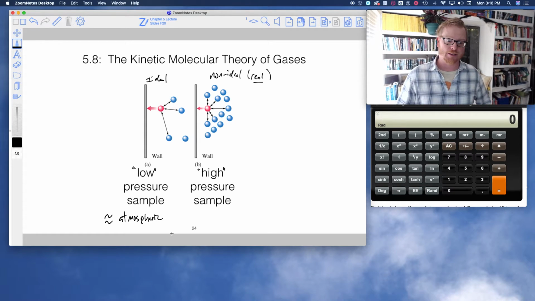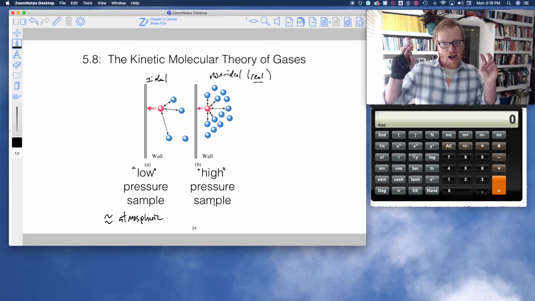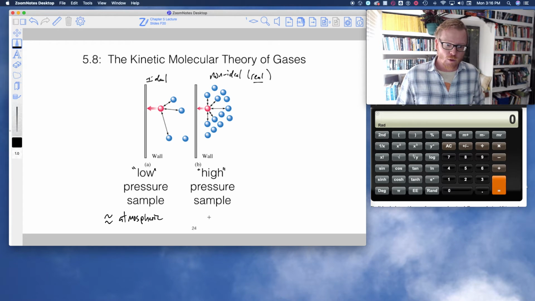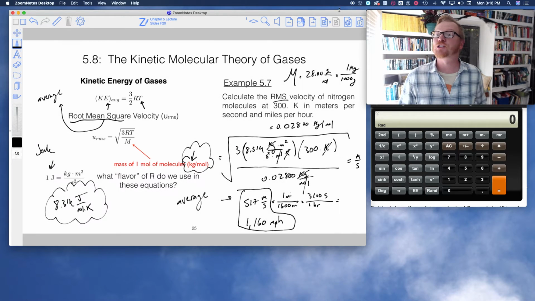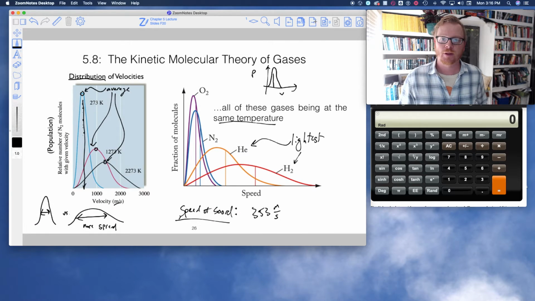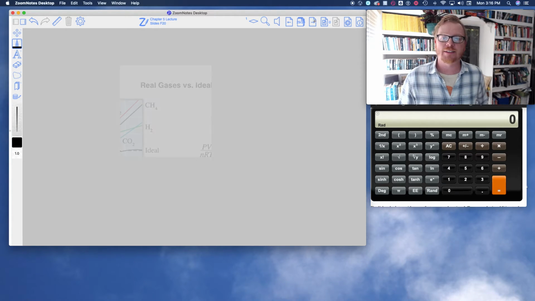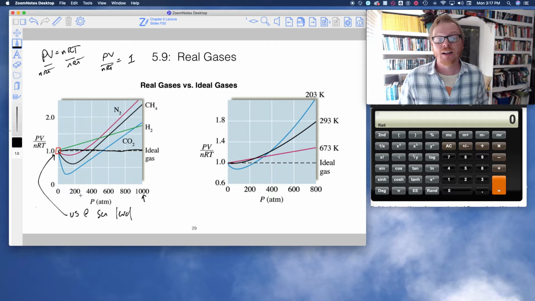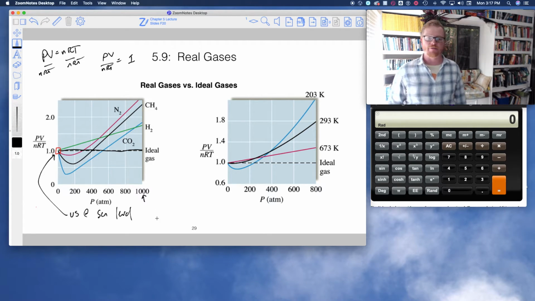So a high pressure sample would have to be much, much greater than atmospheric pressure. And so obviously out in space, gases behave extremely ideally. They're very ideal in space. It's these really high pressure situations where gases do not behave ideally.